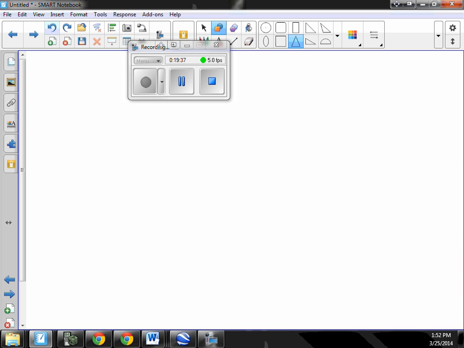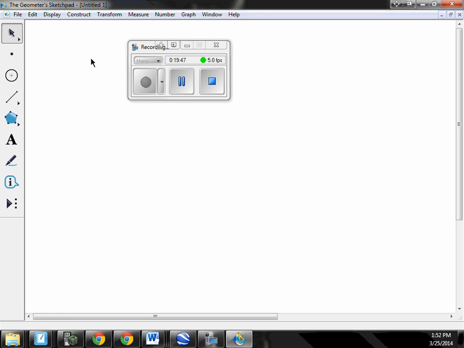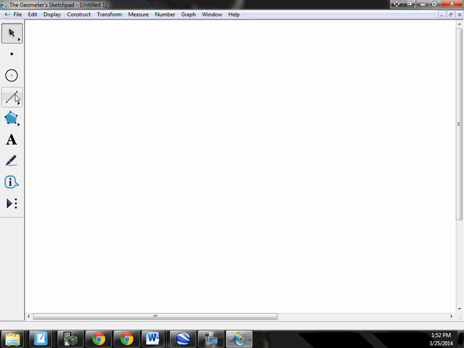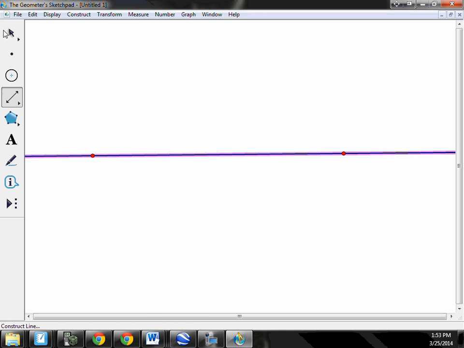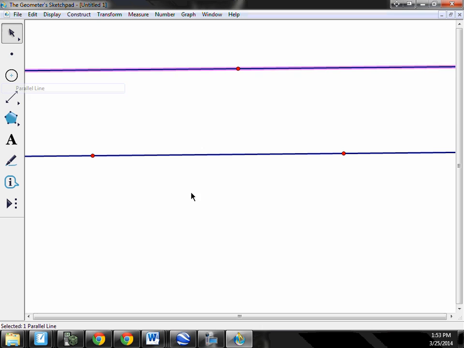Okay, let me show you a Geometer's Sketchpad thing that's kind of neat to know. I have a line, and I'm going to create a parallel line, and then I'm going to construct a triangle on here.